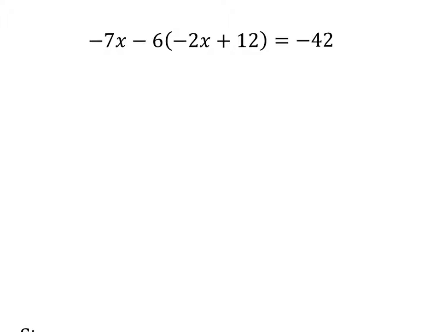Okay, again, we see a little bit longer of a problem, an example that we have to do together. So let's go ahead and take a look at the distributive property first, because I see parentheses and a negative 6 in front of it, so I know I have to distribute. So I have negative 7x, and then a negative 6 times a negative 2x is a positive 12x, and a negative 6 times a positive 12 is negative 72. And then equals negative 42.